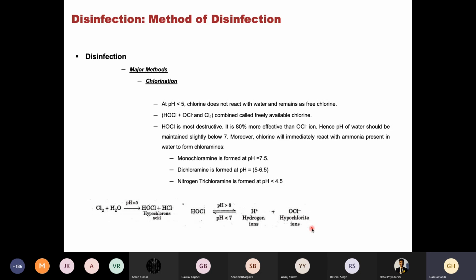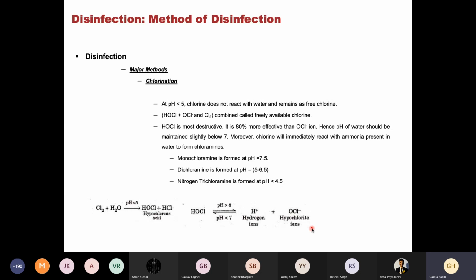And chloramines are less powerful compared to HOCl, so we should avoid the formation of chloramines. However, the range of pH in which only HOCl will remain is very thin. If NH3 is present in water, then it is not only difficult but almost impossible to avoid the formation of chloramines.